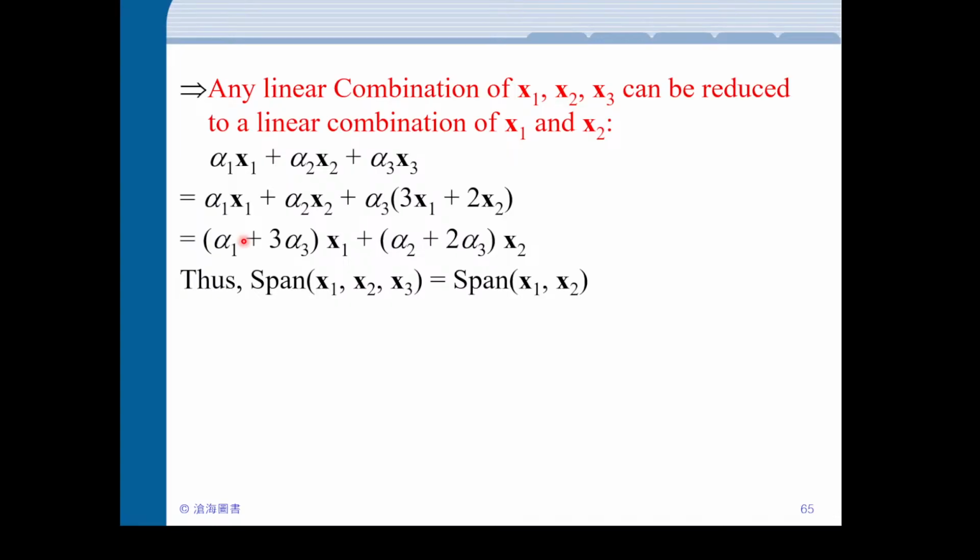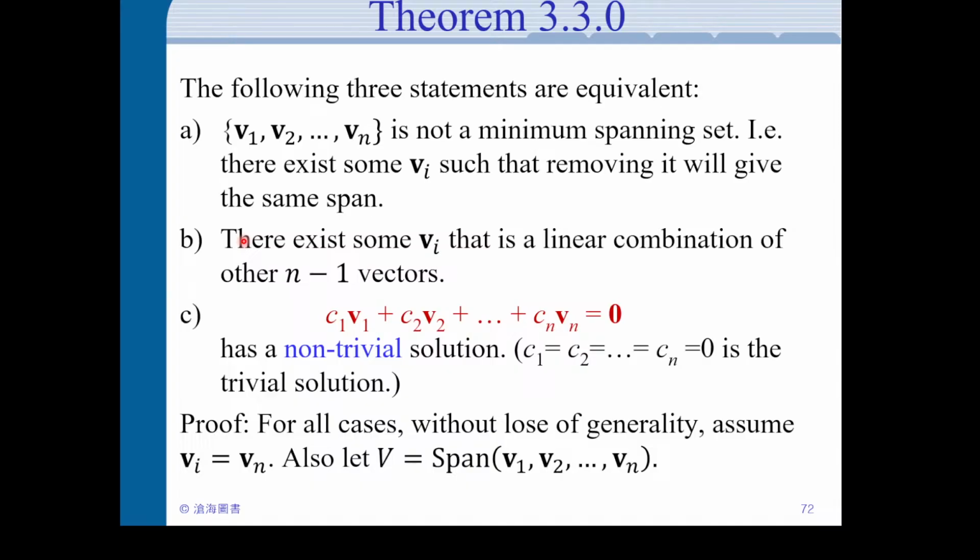What we get is that there are 3 conditions that are equivalent. We kind of write this in a negative way. The first one is that this set of vectors v1 to vn is not a minimum spanning set. We have a statement with a negation here because it's easier.